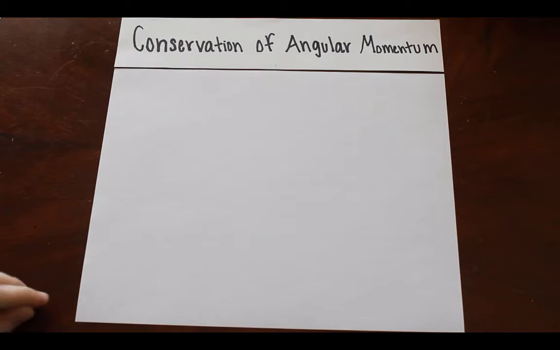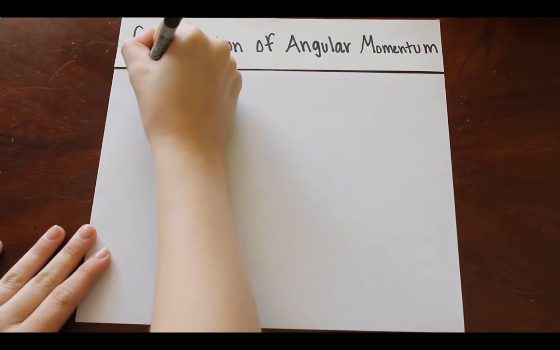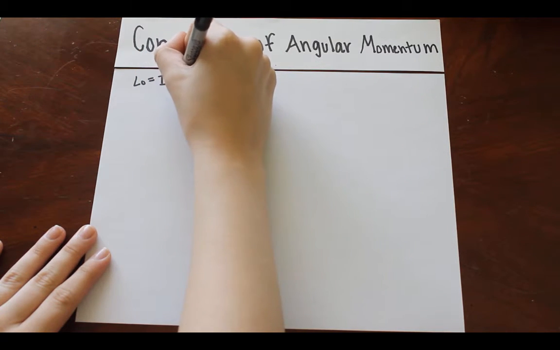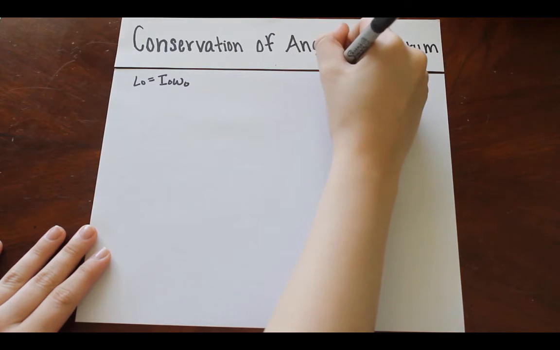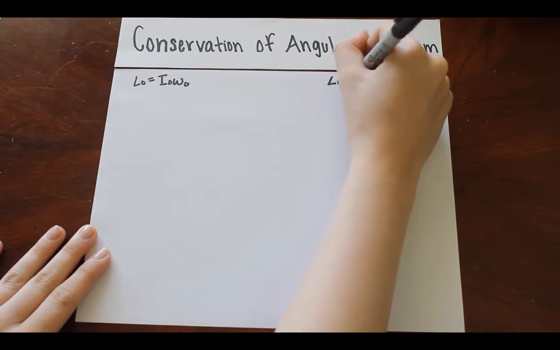So we're going to use L naught equals I naught omega naught, but instead of naught, that's going to stand for out, and L in is going to be angular momentum of the arms in, times inertia of the arms in, times the angular velocity of the arms in.